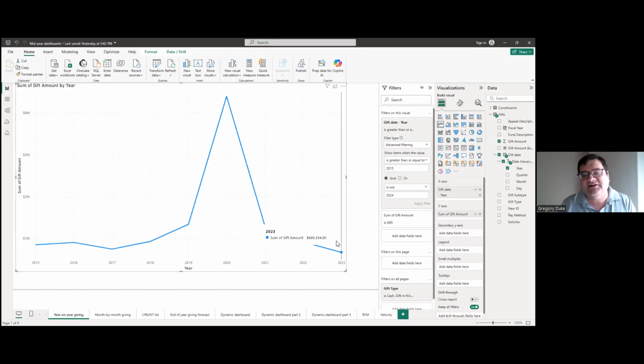So what are our expectations for this year? Since we're not in a campaign, we're not really looking to match what we did in 2020, but we do want to improve this downward trend. That gives us a goal to shoot for, looking at the year-on-year giving.